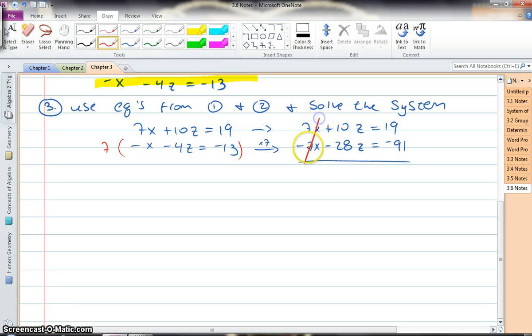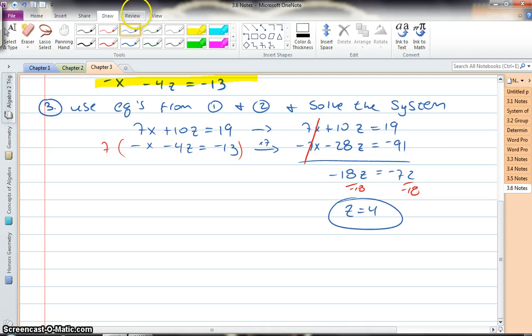My x's are eliminated, and I have negative 18z equals negative 72. Divide both sides by negative 18, and z is 4. Now let's substitute z back in and solve for another piece.